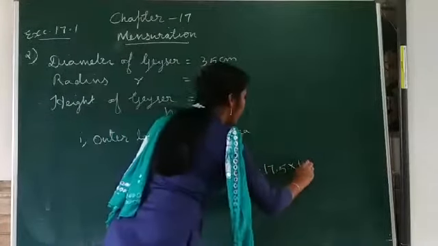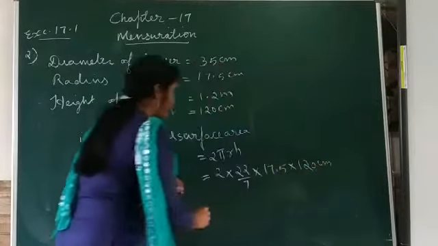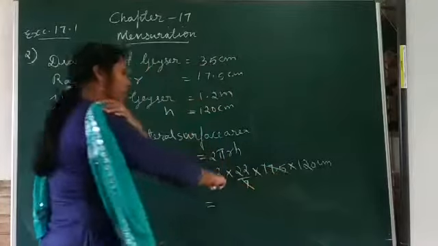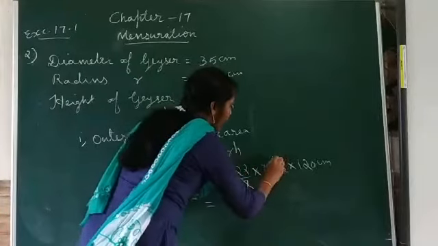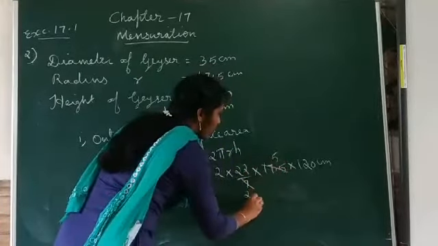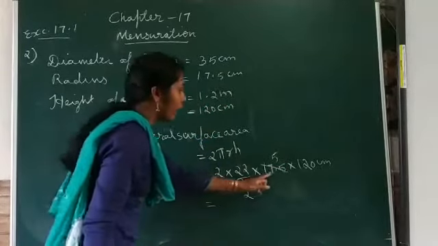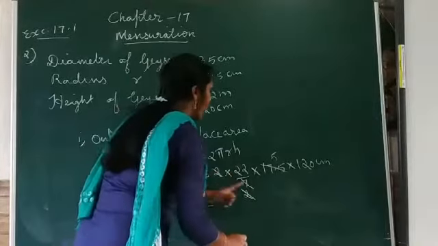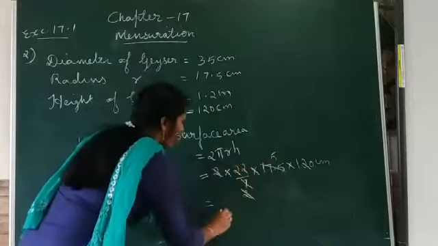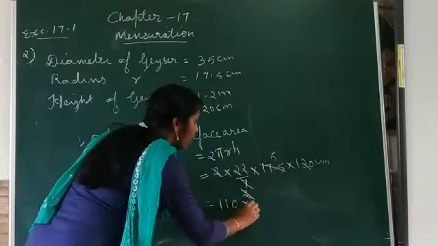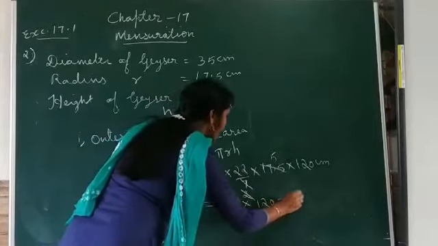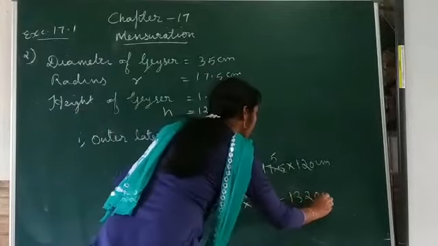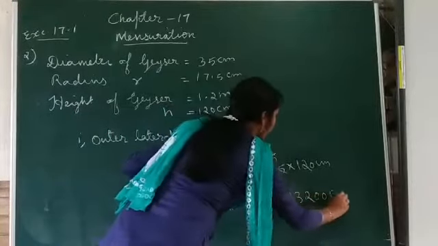That is 120 centimeter. Now here 7 and 17.5 you can cut. Here we can write 5, here we can write 2. 3.5 goes 2 times in 7 and 5 times in 17.5. Now this 2 and this 2 you can cut. Now 22 into 5 is 110, into 120, that is equal to 13,200 centimeter square.